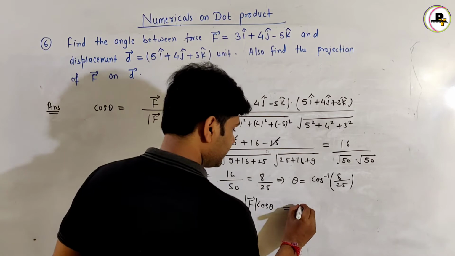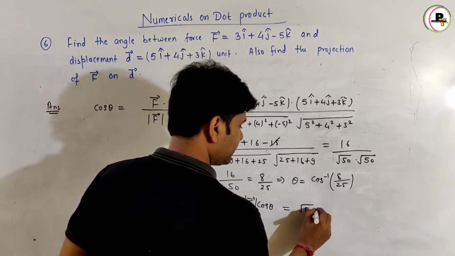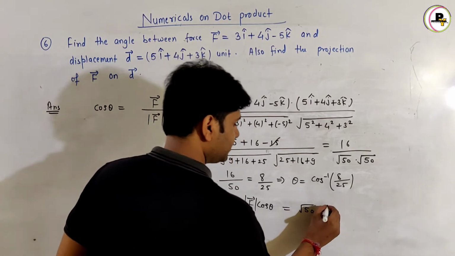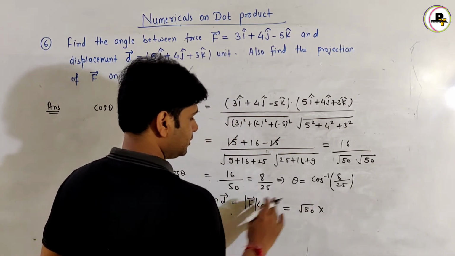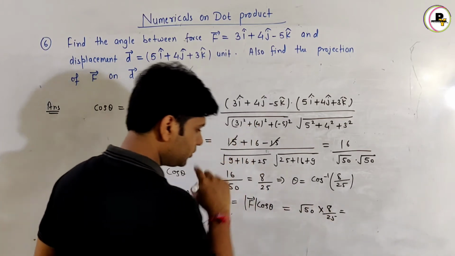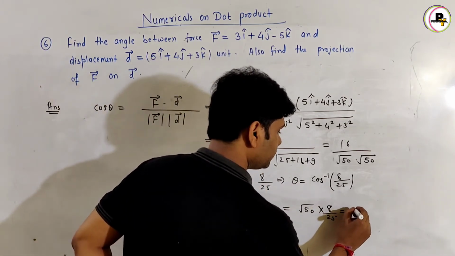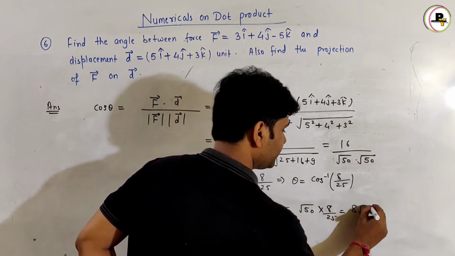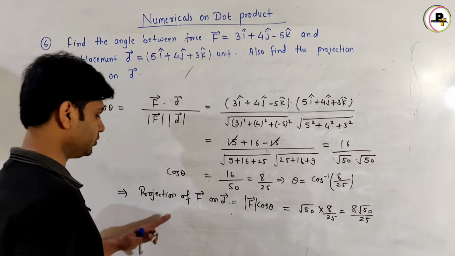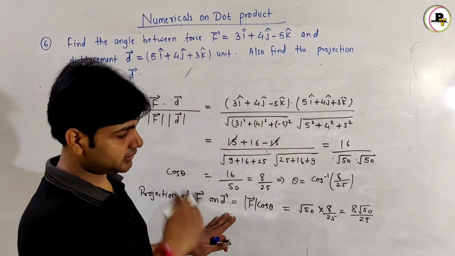It is root 50 into what is cos theta? Cos theta I have taken here, I have got 8 upon 25. Therefore this is equal to what? This is equal to 8 root 50 divided by 25. This is what? Projection of f vector on d vector in scalar form.